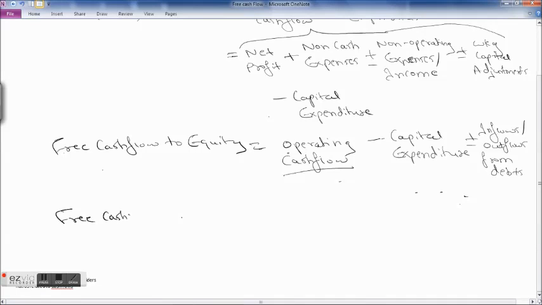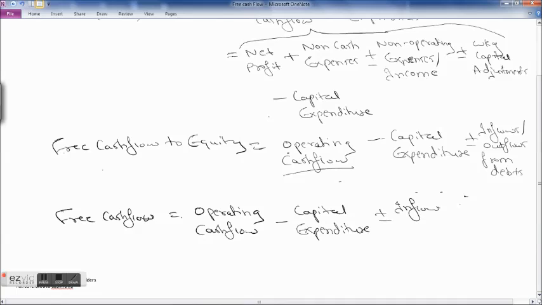Here we are taking operating cash flow, minus capital expenditure, plus or minus inflows and outflows from debt, minus your dividends paid. Here we are considering even dividends paid, as the dividend is also an important outflow.